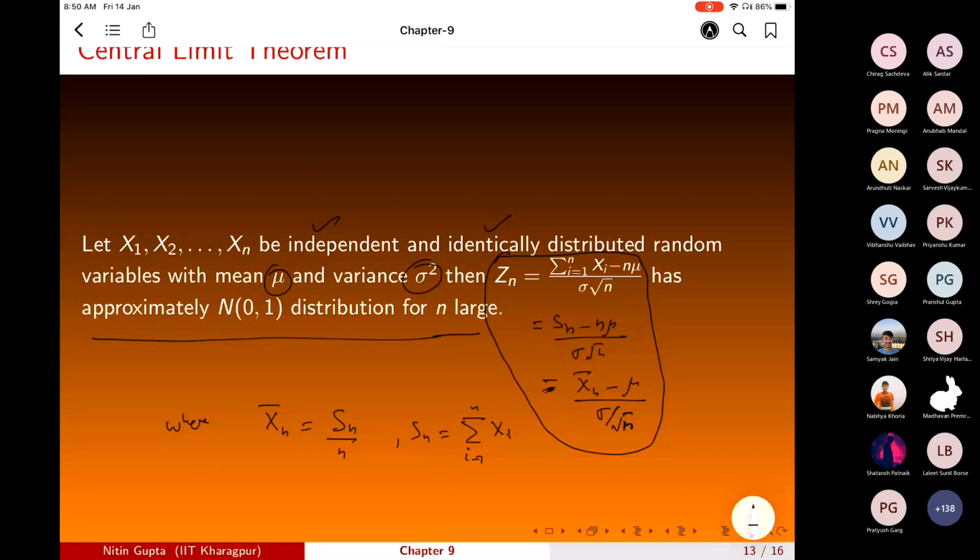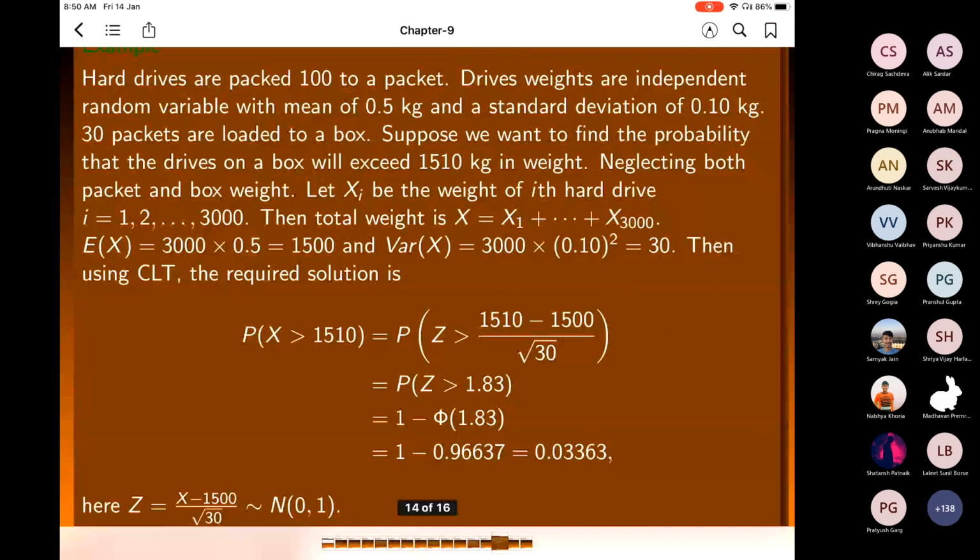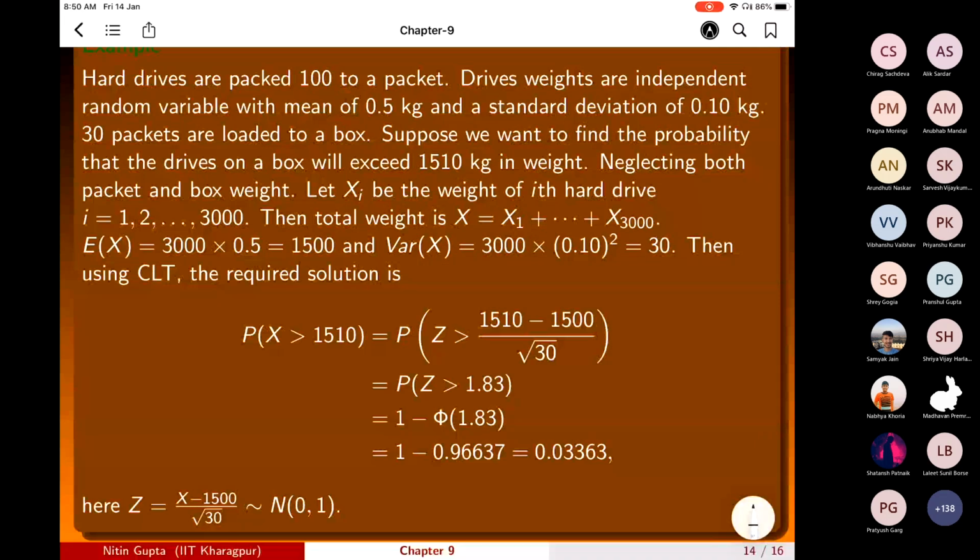Okay, so let me give the first example. Hard drives are packed 100 to a packet. Drive weights are independent random variables with mean 0.5 kg and standard deviation 0.1 kg. 30 packets are loaded into a box.